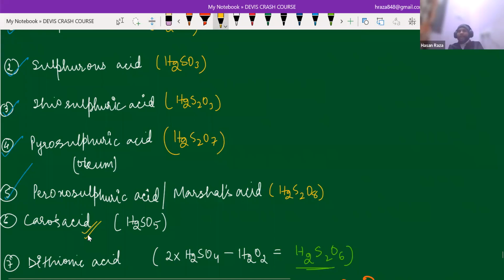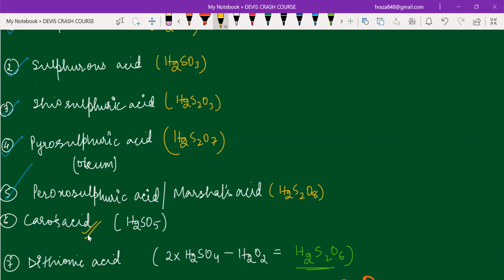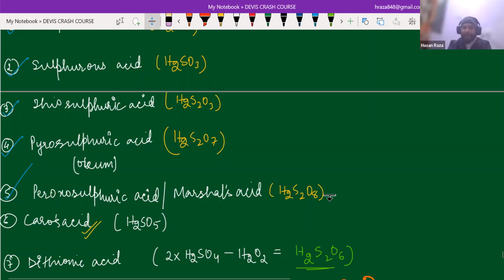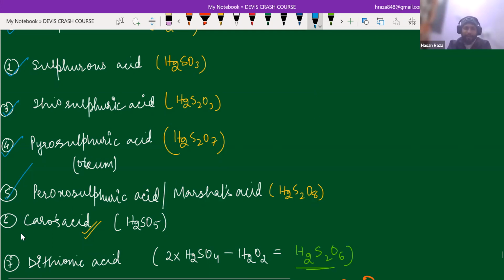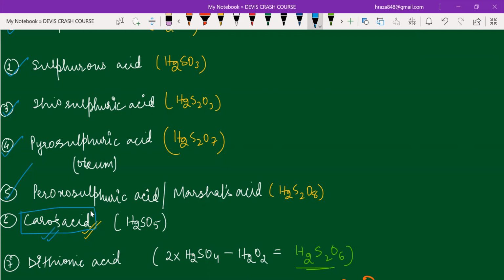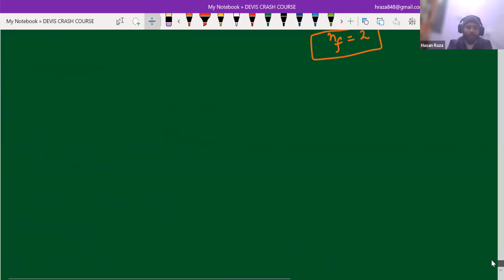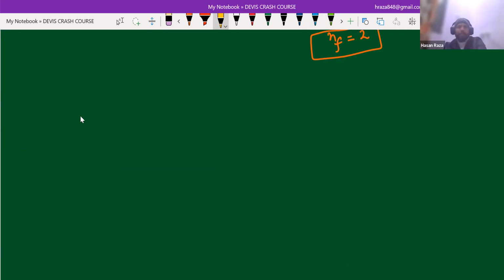The question was, how many lone pairs are present in Caro's acid? Thanks to my students, I always have to repeat this many times in one year to teach. So these are some points that you need to take care of.